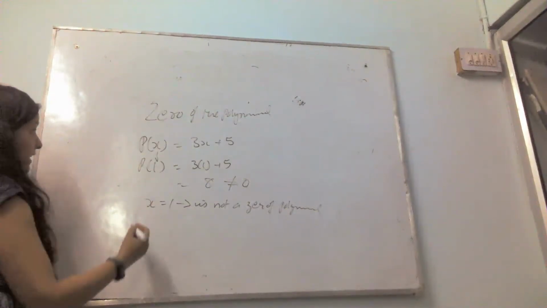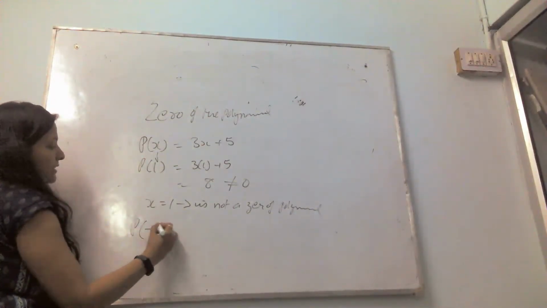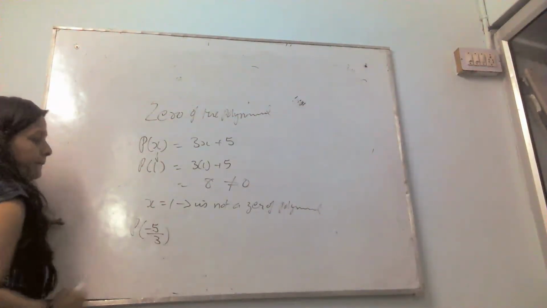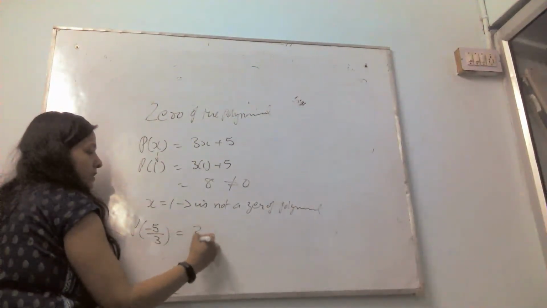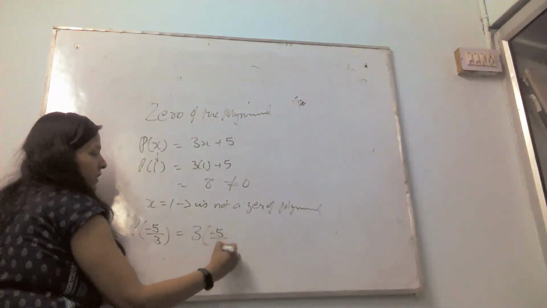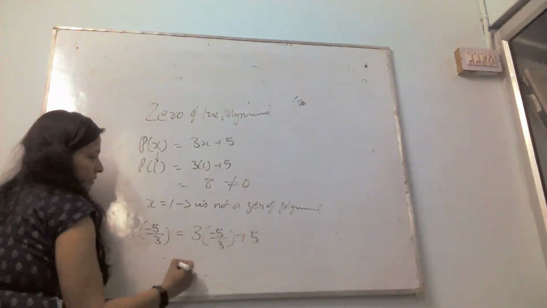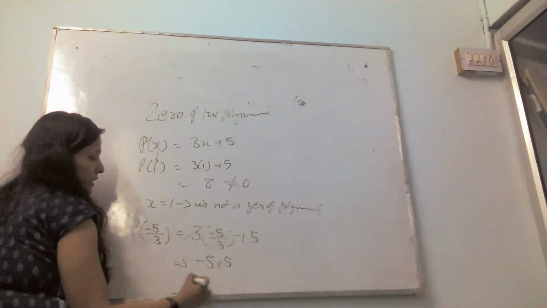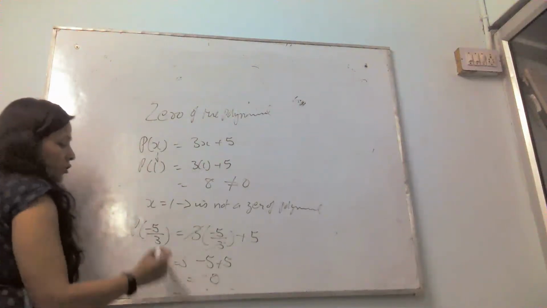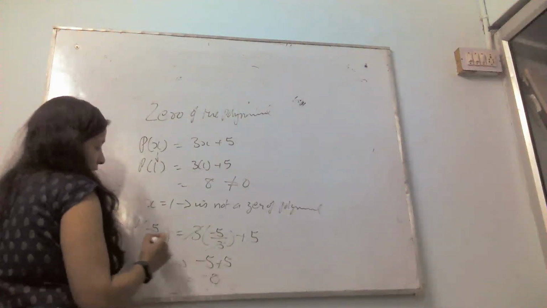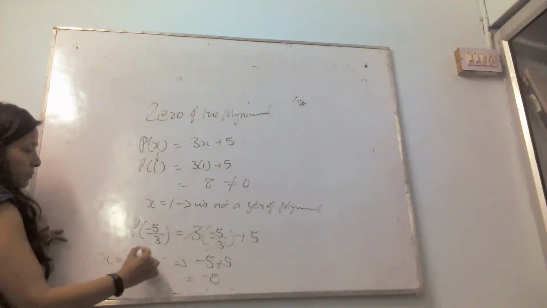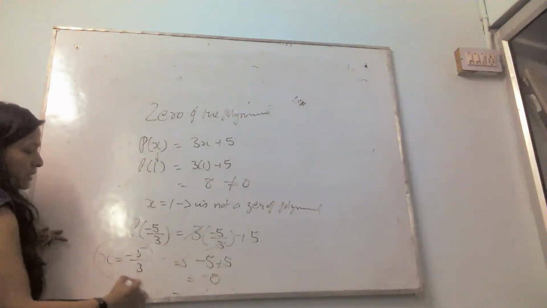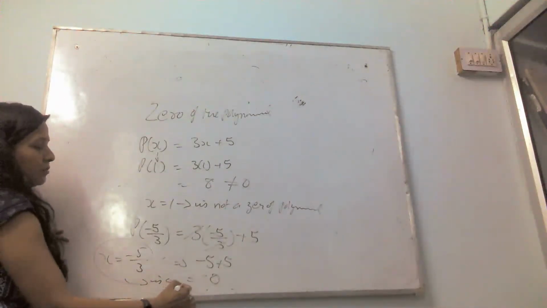But if we take the value of x as minus 5 by 3, then 3 times minus 5 by 3 is minus 5, plus 5, that means 0. So x equals minus 5 by 3 is a zero of the polynomial.